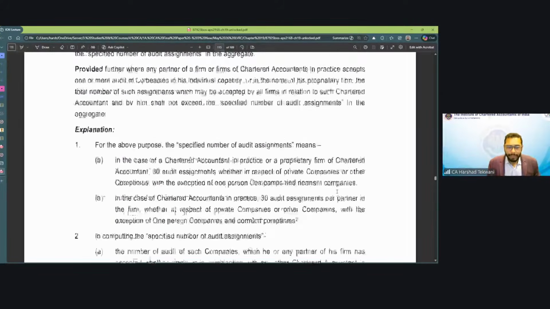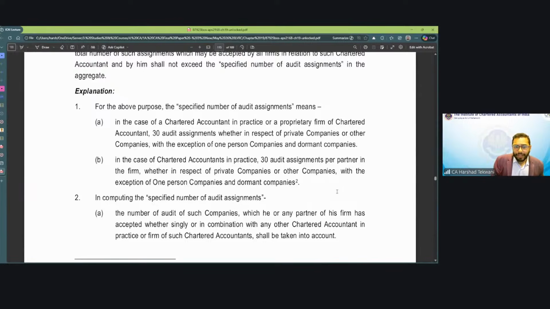The specified number in case of a chartered accountant, a proprietary firm or firm of chartered accountants, is 30 audit assignments in respect of private companies, with the exception of 1% companies and government companies. So that is an exception. Or in case of a firm, 30 audit assignments per partner. Does this 30 include both internal audit and stat audit?